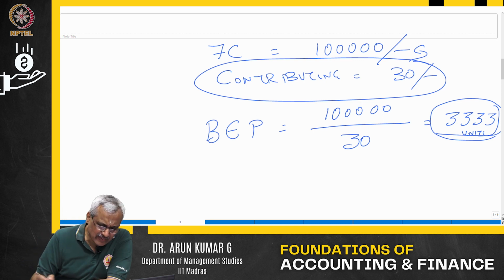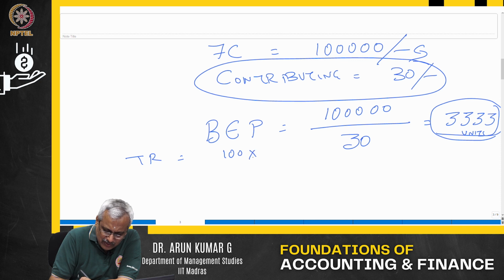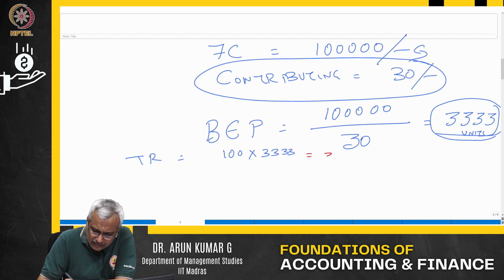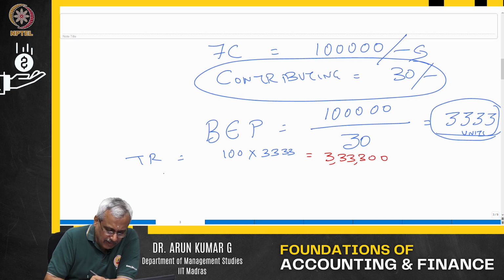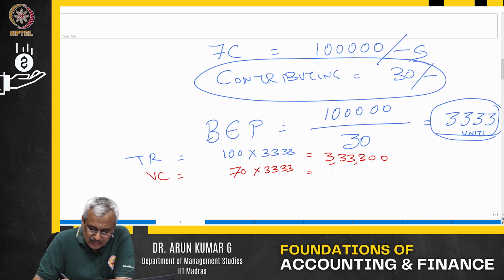You want to verify it, we will verify it, no problem. Let us say my total revenue will be 100 into 3,333. Can you tell me the number, Suhail? 3,33,300. My variable cost is 70 into 3,333, which is 2,33,310.